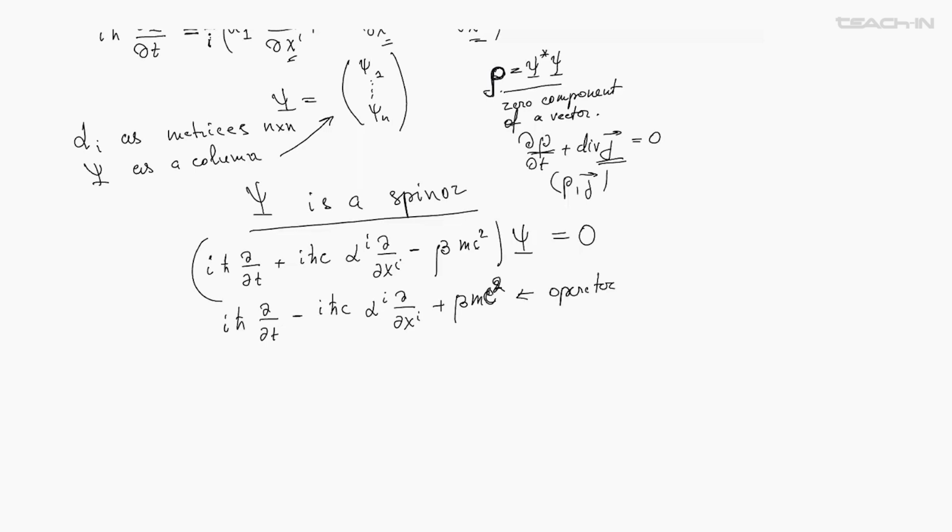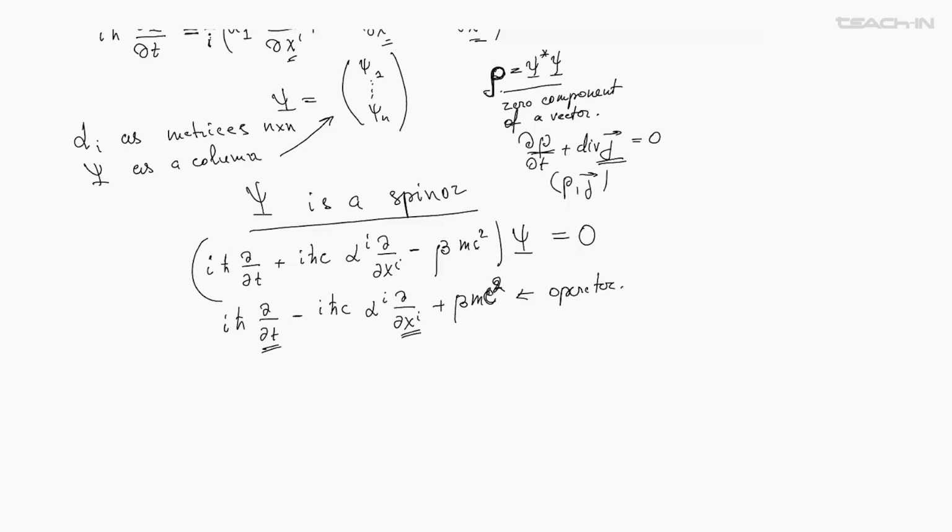First of all, it's a differential operator because it contains these derivatives, and it's also a matrix. When I'm writing i h bar d over dt, you should think that in front of this operator I have just the identity matrix, which I'm not writing. The alpha_i's are matrices, and beta is also a matrix. So it's an n by n matrix with components being these differential operators, d over dt and d over dx_i.